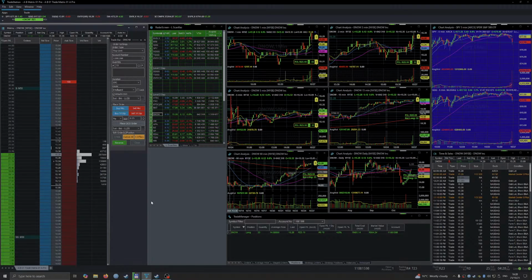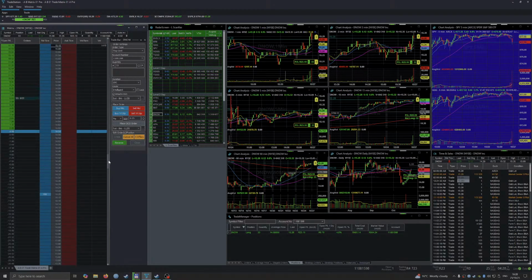And the stop loss, which I have since moved up. My stop loss was down here. I've now moved it to here. So if the stock goes down to 14.78, it'll sell. And I will make $6 instead of losing 10. Plus 6 instead of minus 10. I count that as a win.